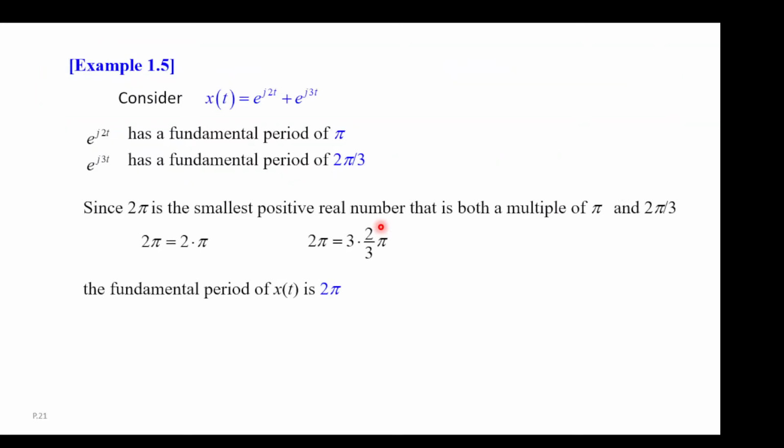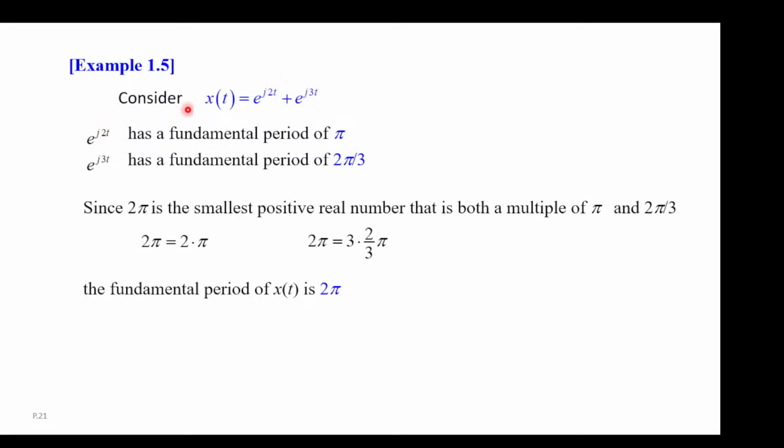That's the example of a periodic signal where we want to calculate its fundamental period. In this example, we have a signal that's a linear combination of two periodic complex exponentials, but with different omega.